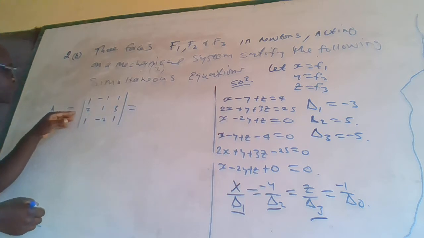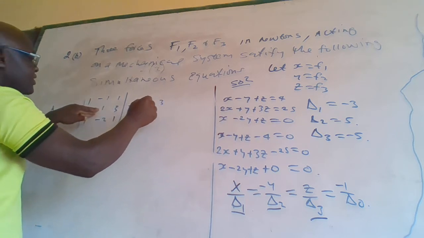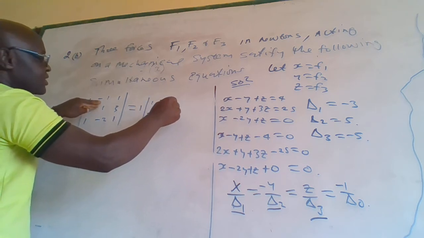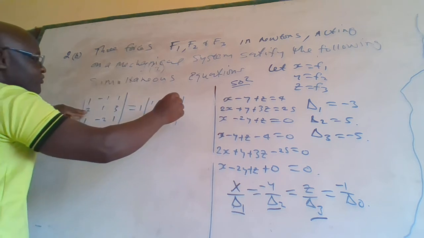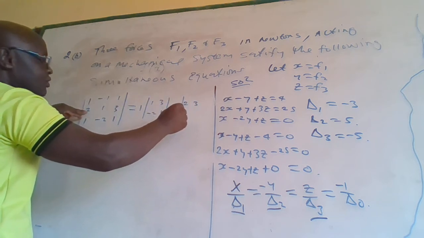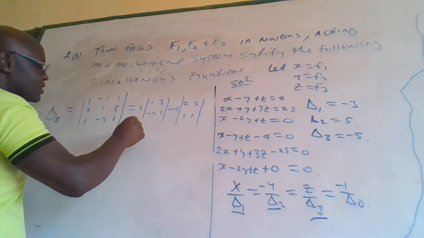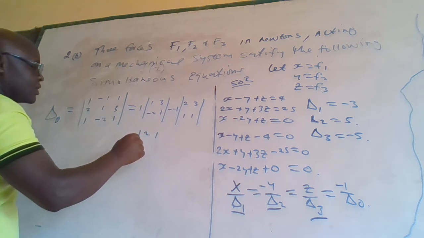You expand the determinant here, so you have 1 into 1, 3, negative 2, 1, then minus 1 into, plug that column on that row, so we have 2, 3, 1, 1, then we have plus 1 into 2, 1, 1 minus 2.